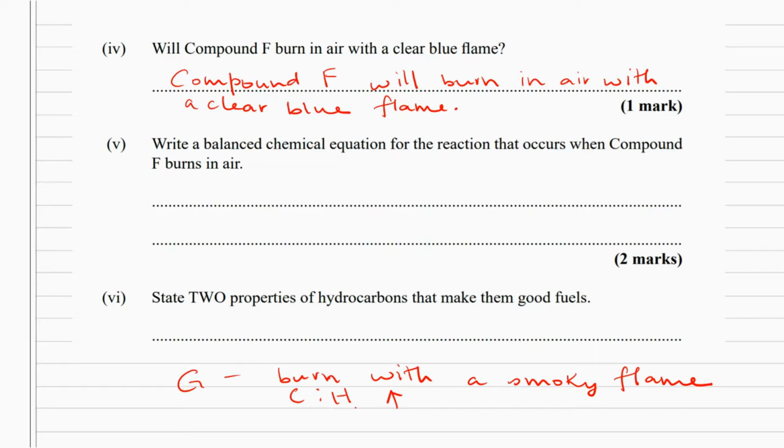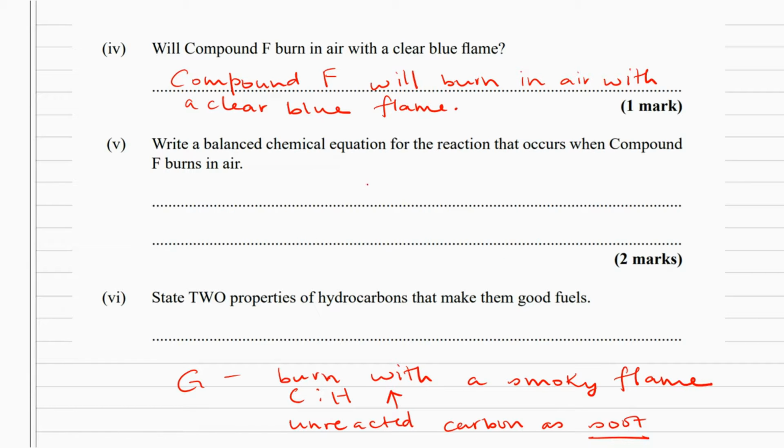So the carbon atom to hydrogen atom ratio in alkenes is higher than that in alkanes. Therefore, when they burn, they release the unreacted carbon as soot. So that's why you have this smoky flame instead of a clear blue flame like alkanes.